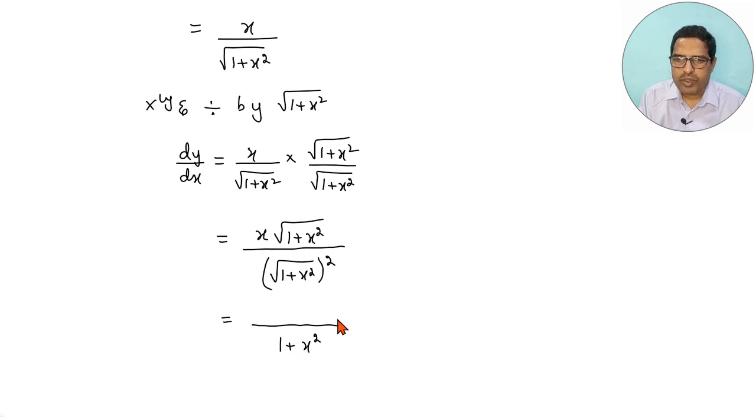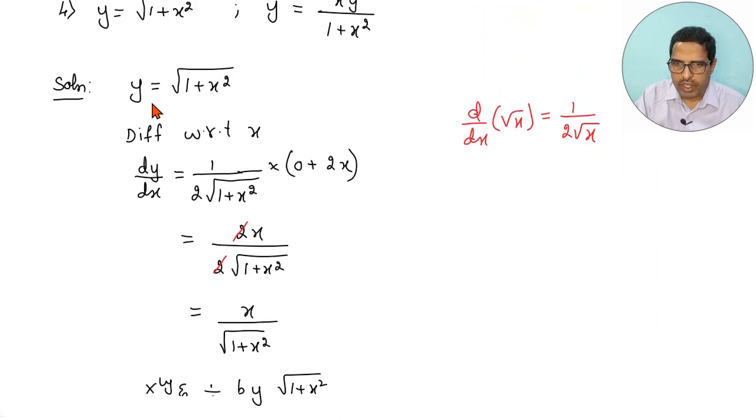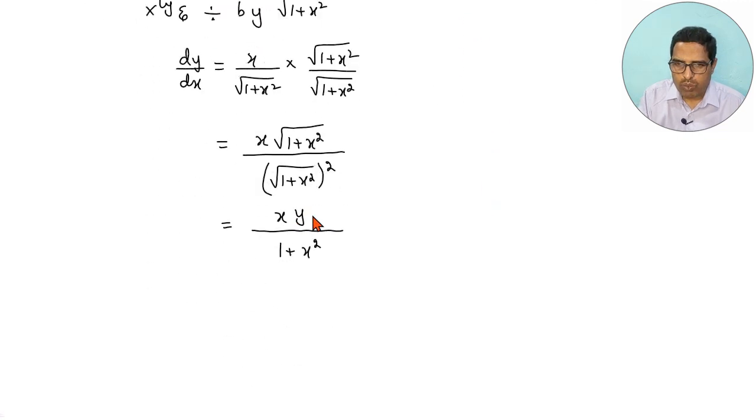In the numerator I can write this x as it is, and this square root of 1 plus x square is nothing but the y value. Since we know that the y value is root of 1 plus x square, we have dy by dx equals xy by 1 plus x square.